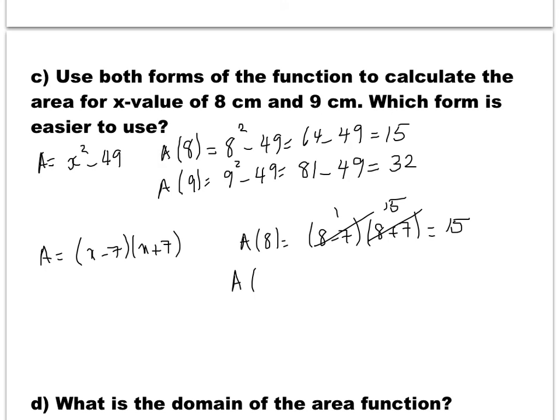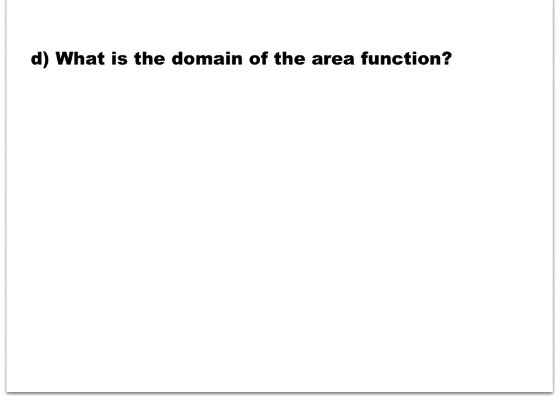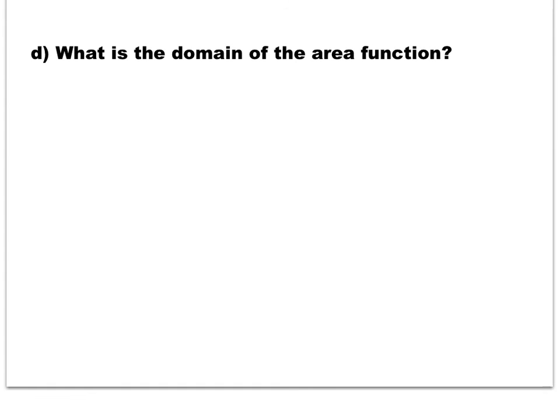And a of 9 is 9 minus 7 times 9 plus 7. 9 minus 7 is 2, 9 plus 7 is 16, 2 times 16 is 32. And we can see that the values match, and the reason is that we showed before that these two functions are equivalent. Now, the next part of the question asks, what is the domain of the area function?